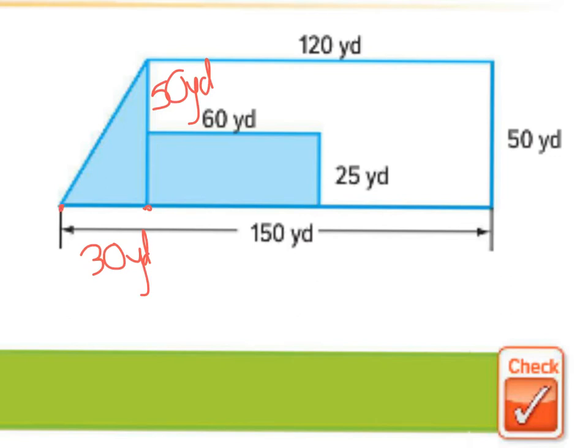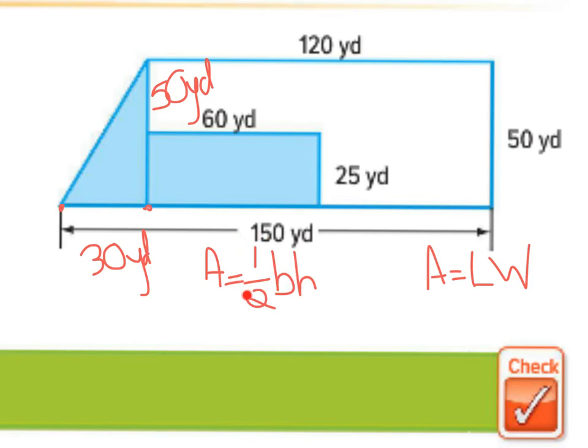And then for the rectangle, we're given the dimensions 60 and 25. So go ahead and solve by using the area of a rectangle and the area of a triangle. If you can't remember, here are the formulas. The triangle is area equals half base times height. So half your base right here could be 15 times 50, right?